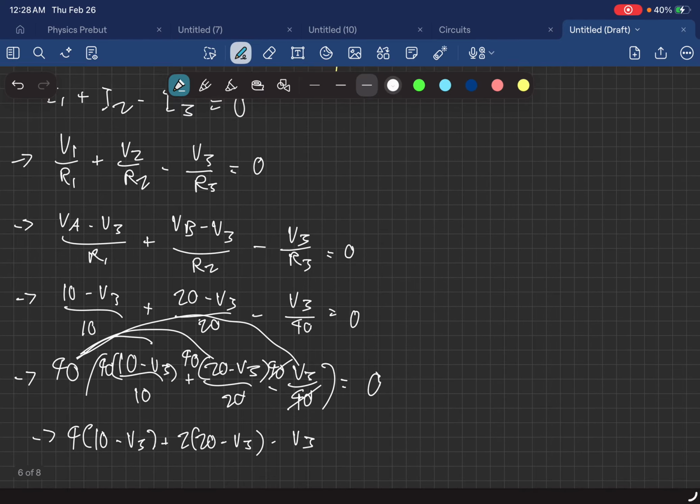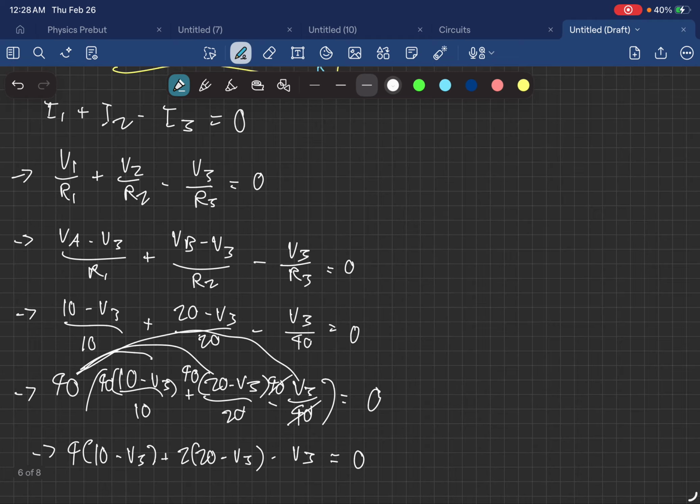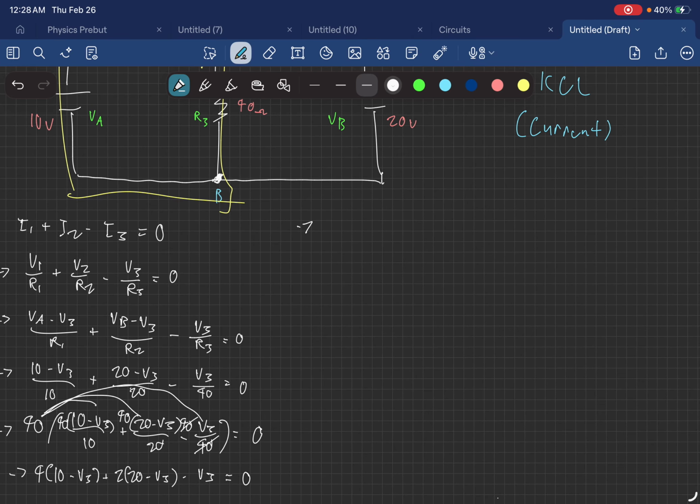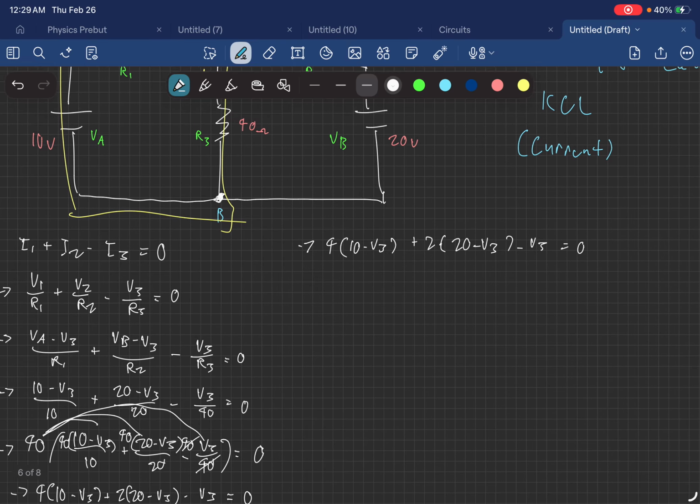And then this is easy. It's barbecue chicken from here. So 4 times 10 minus V3 plus 2 times 20 minus V3 minus V3 is equal to 0.